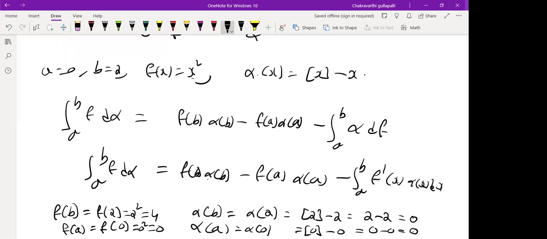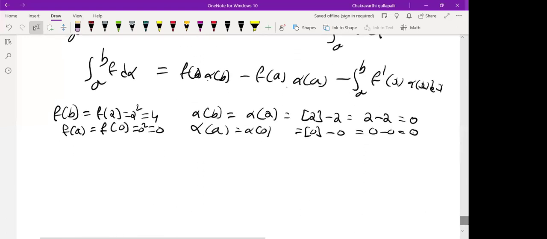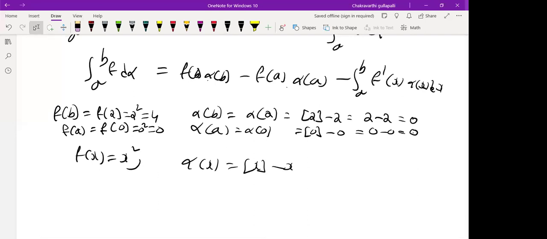So there is no contribution here. Let us see f dash x. What is f dash x? F x is x square, alpha x is box x minus x, and f dash x is 2x.